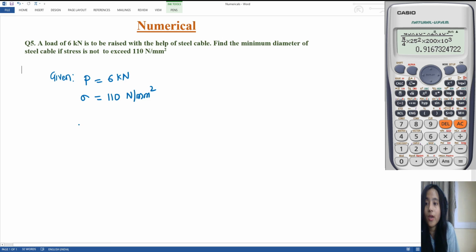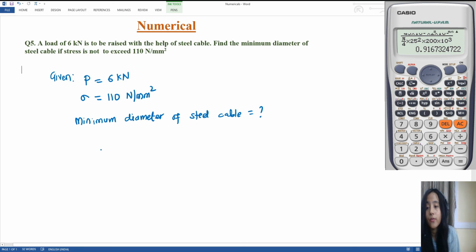We have to find the minimum diameter of steel cable. So from this given data, we need to find the minimum diameter of the steel cable.